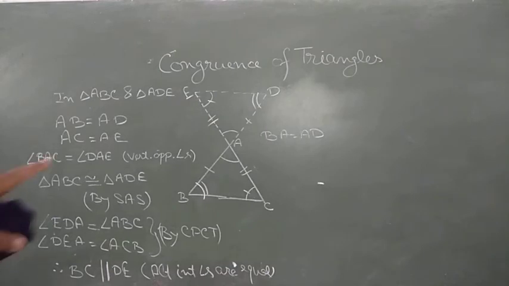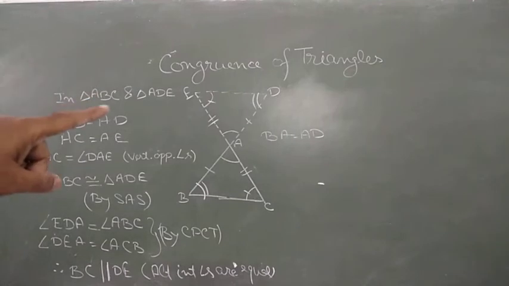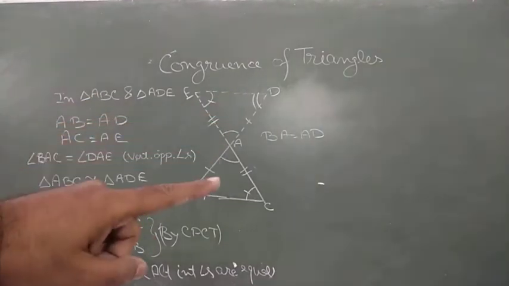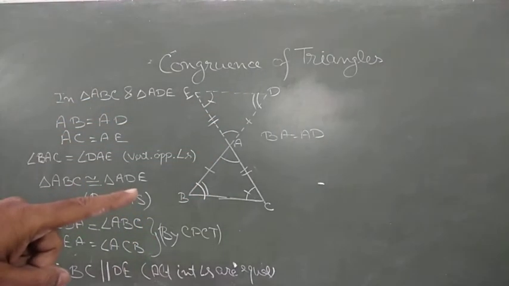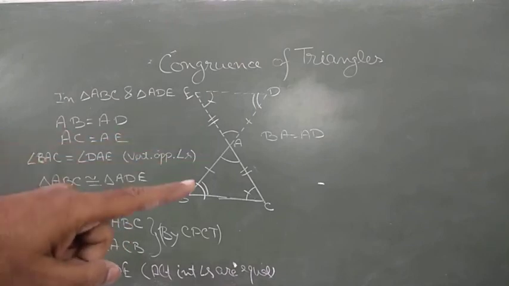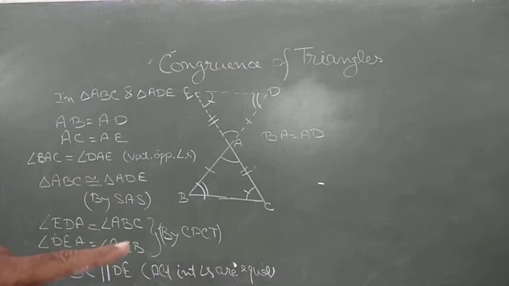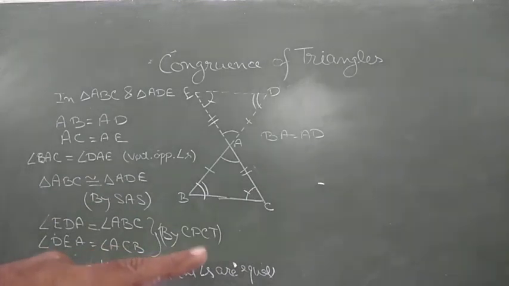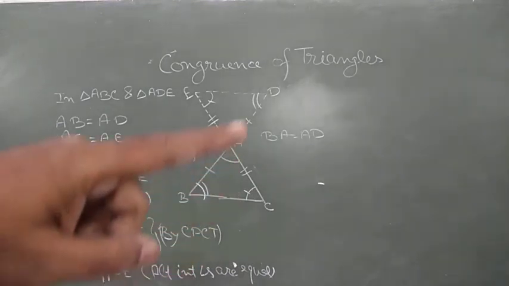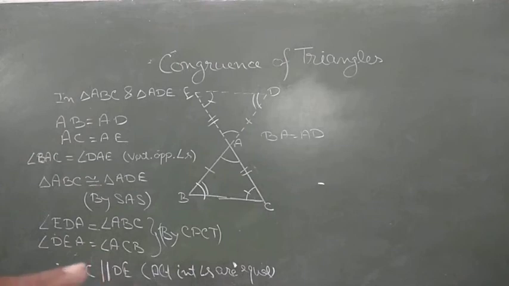In triangle ABC we use this to prove congruency, and after congruency we can say angle B and angle D are equal, and angle C and angle E are equal, so these two angles are equal by CPCT. Therefore, if alternate interior angles are equal, then the lines are parallel. These two lines are parallel, and this is our proof that BC is parallel to DE.